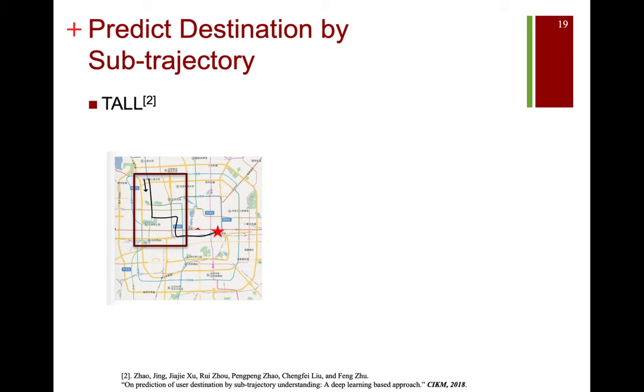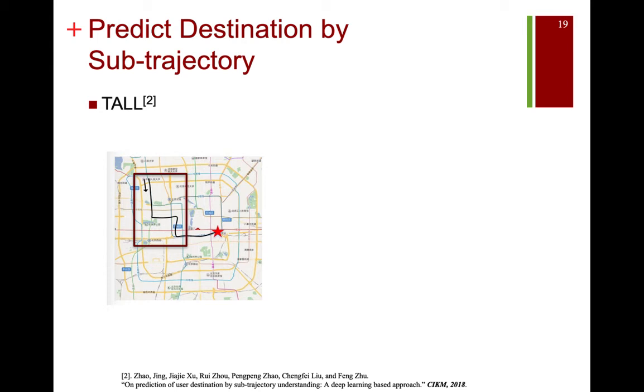But maybe you don't have enough historical trajectory data from a single person, right? But it's fine. You can try the same way using all the historical trajectories from your database. But probably the performance is limited.